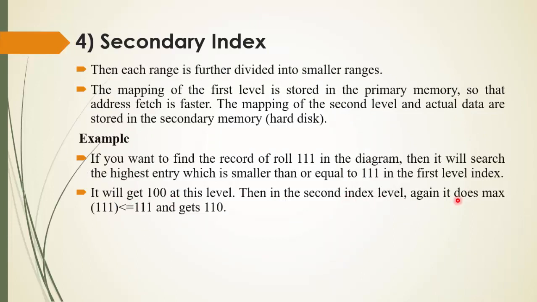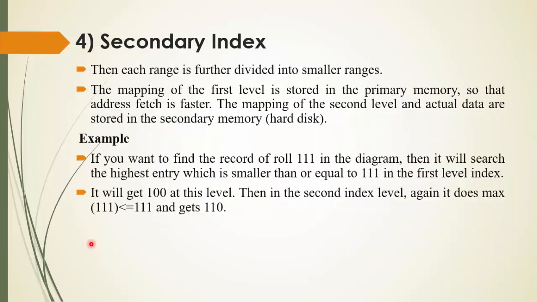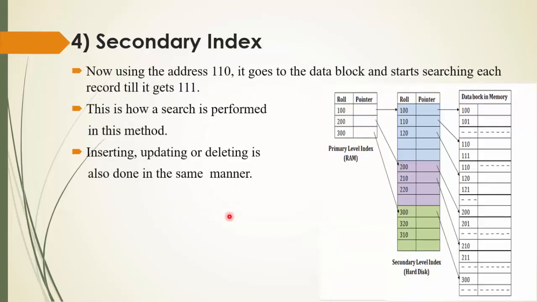Then in the second index level, again it searches for the maximum entry less than or equal to 111 and gets 110. See here, we compare 111 with the data in the secondary level index, and at that point we get 110, because we have a difference of 10.